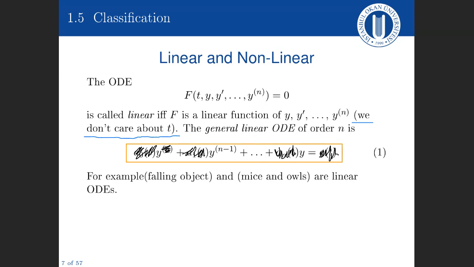We're not worried about the derivatives of y at the moment. If we have a linear equation, we would be left with y plus y plus y plus y plus y plus y is equal to 0. In this case, the equation is called linear. For example, the two equations we looked at last week, falling object equation and the mice and owls equations, are linear differential equations.